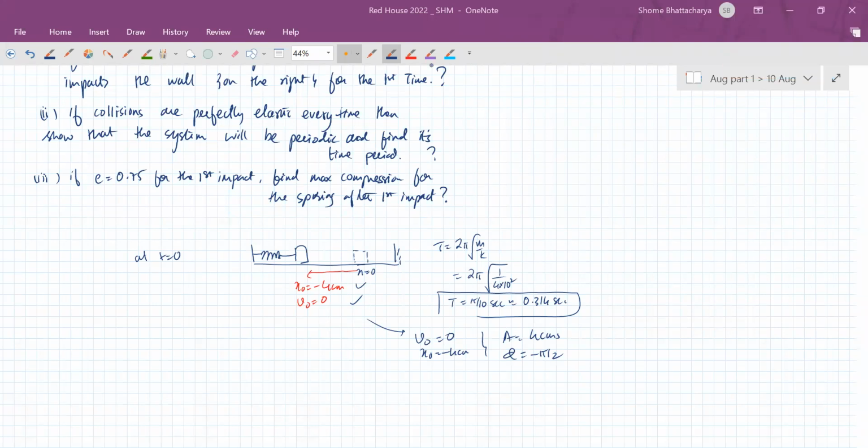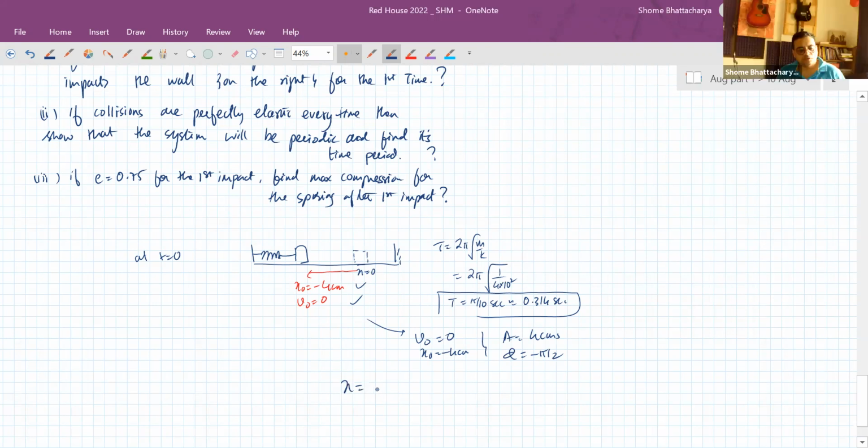So x as a function of time will be minus 4 cos 20t, where x is in centimeters, t is in seconds.